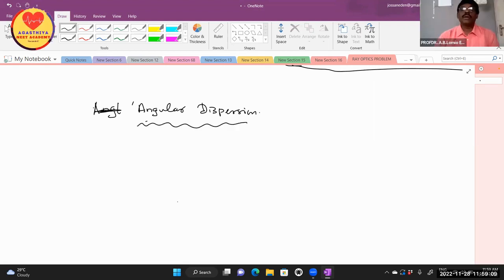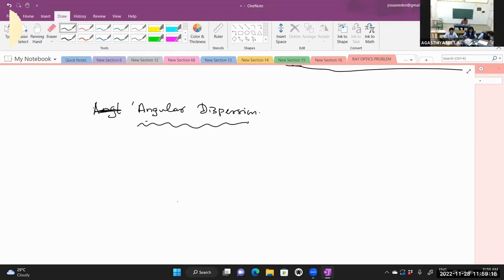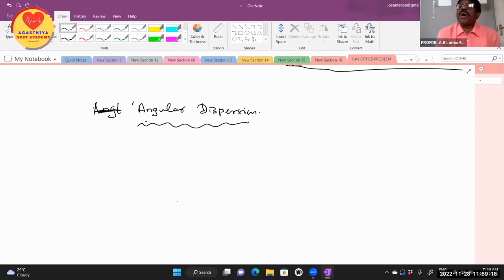Another terminology, angular dispersion. The difference between the angle of deviation of two colors is known as angular dispersion.